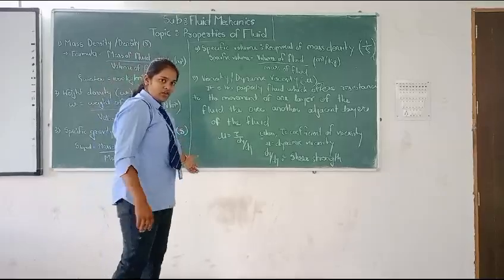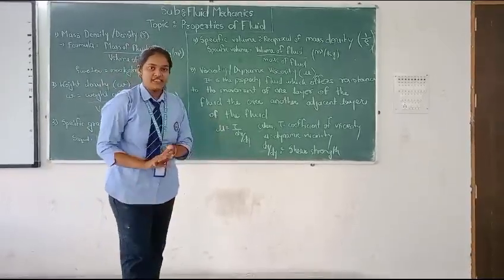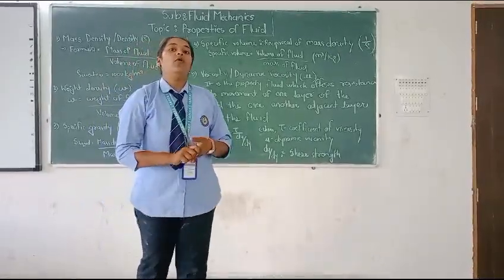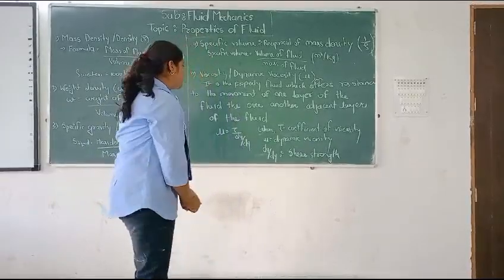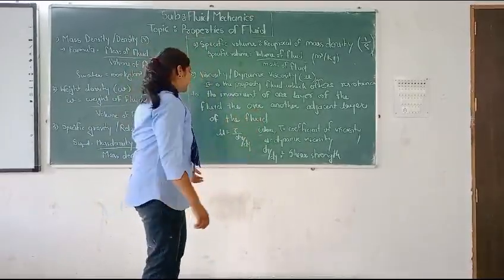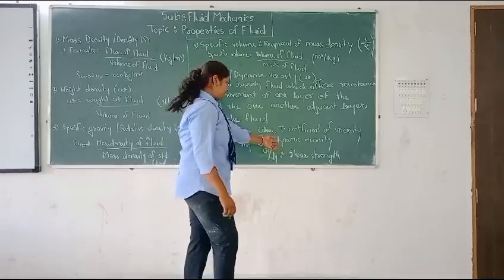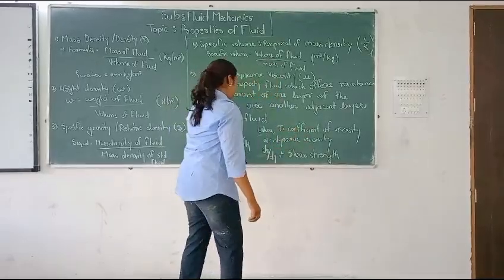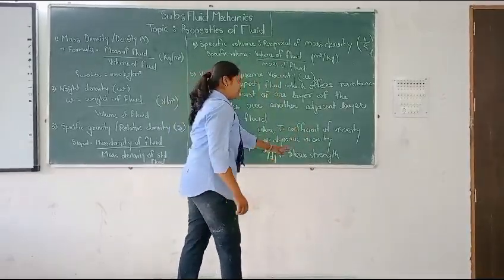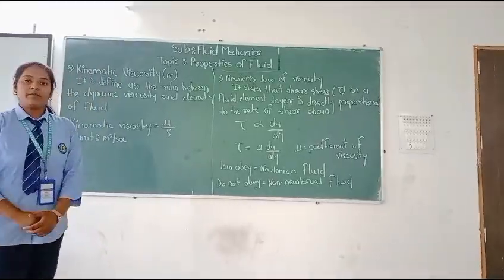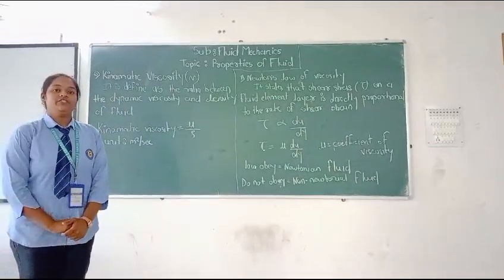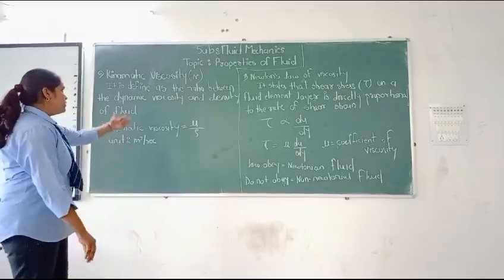The formula for the dynamic viscosity is mu equals tau upon du by dy. Tau is the shear stress, mu, as I said, is the dynamic viscosity, and du by dy is the shear strain.